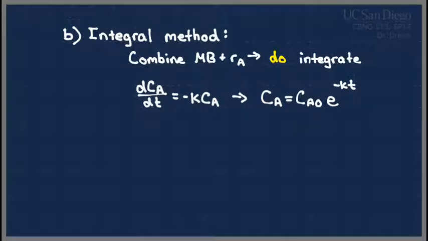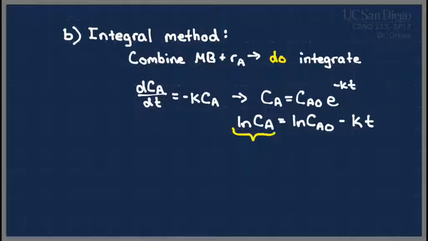I can then do essentially the same tricks that I would have done on the previous one. For example, if I want to linearize Ca is equal to Ca naught times e to the minus kt, I can take the log of both sides of that and get a linear expression. So I could have something like log of Ca is equal to log Ca0 minus kt.